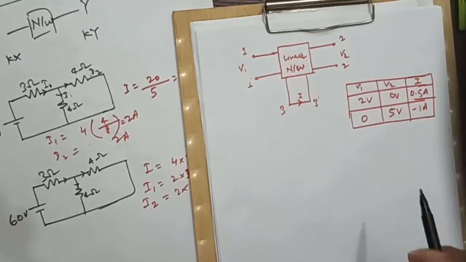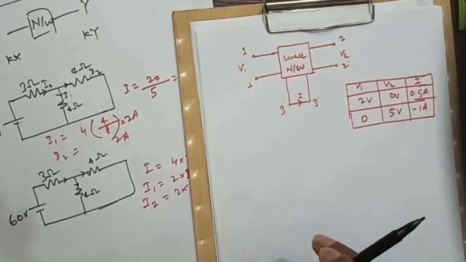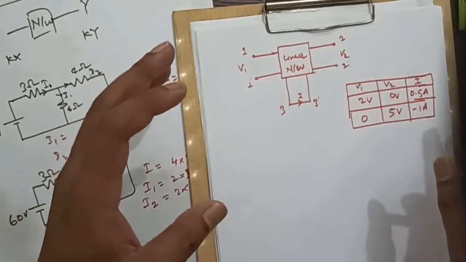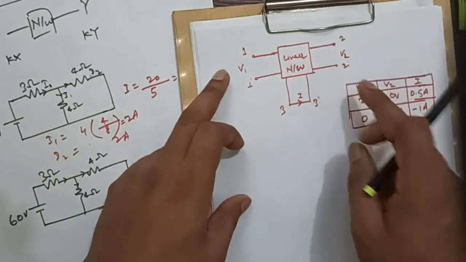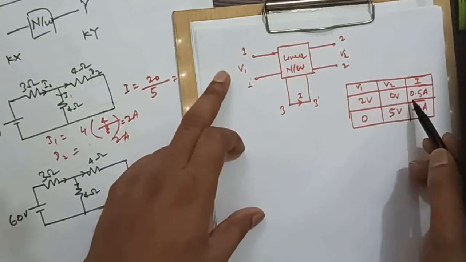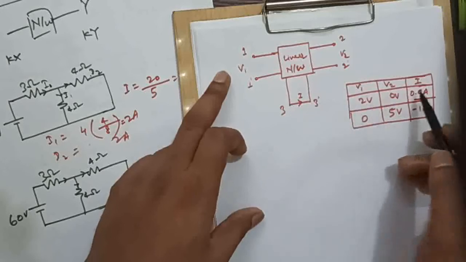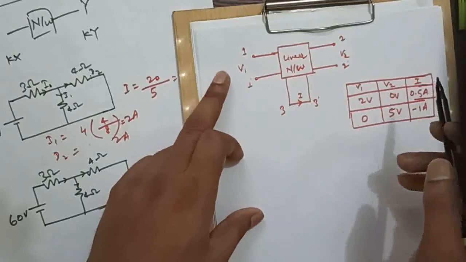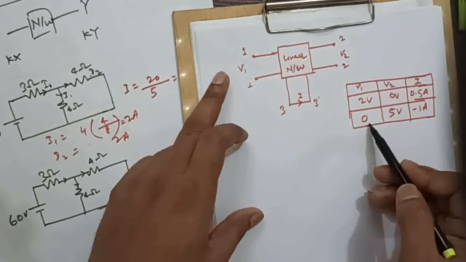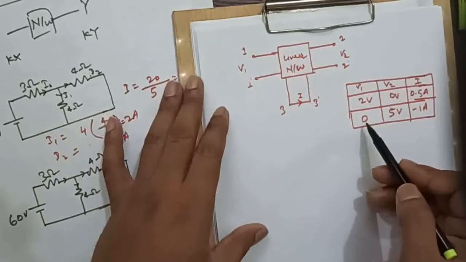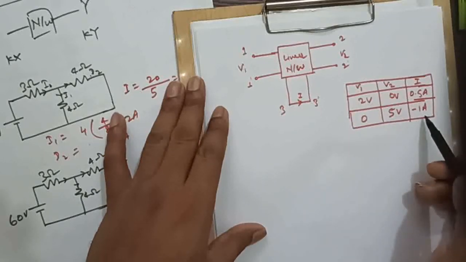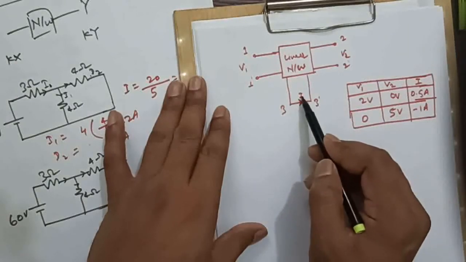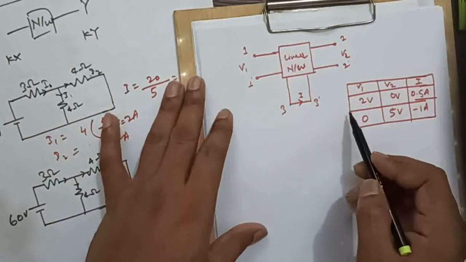See here, they have given that when only the voltage source of 2 volts is applied or V2 is 0, that is, this is short circuited, then the current flowing through terminal 3 dash is 0.5 ampere, right? In another statement, when we short the terminal 1 or apply a voltage source of 5 volts across the terminal 2 dash, we will have a current of minus 1 ampere, meaning opposite to this current direction, of magnitude 1 ampere.